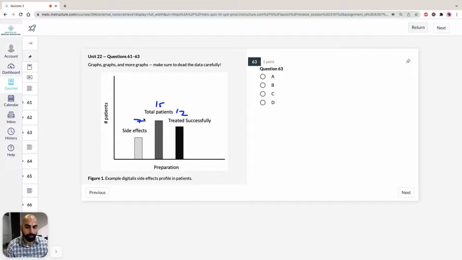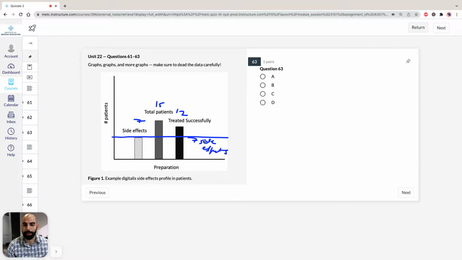But because there's 7, it means that every single person who had side effects was treated successfully, because it says the greatest possible number of patients who were treated successfully had side effects. Since we have 12, it's going to be 7 because the cutoff is here. So that means 7 had side effects.